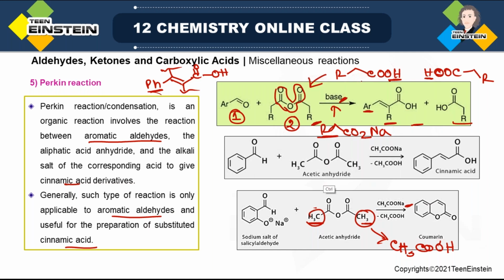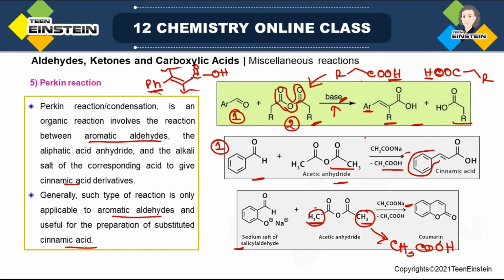Now one example, because this we have to discuss. First look at this one, number 1, PhCHO. You have taken these two molecules: the aromatic aldehyde, which is very simple, benzaldehyde, and acetic anhydride as the anhydride, with sodium acetate. So one acetic acid molecule will be removed from one side in the form of acid, and the other part remains.